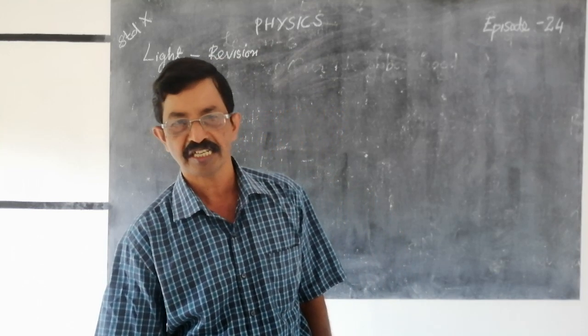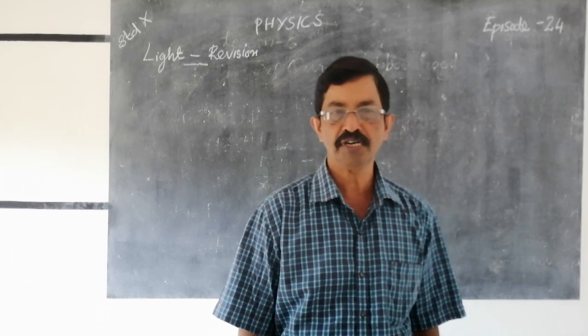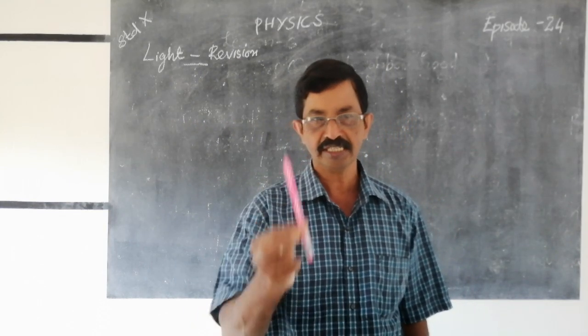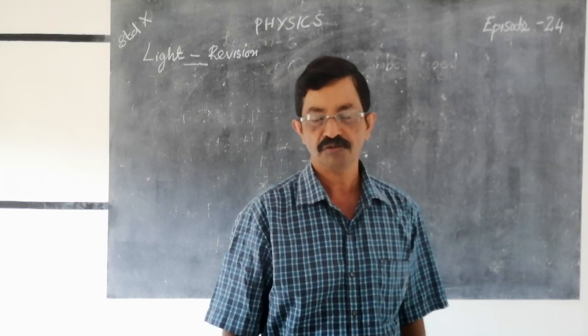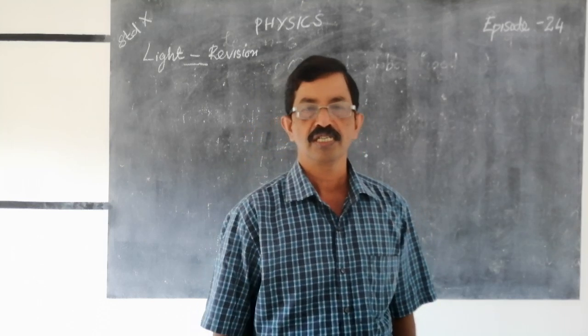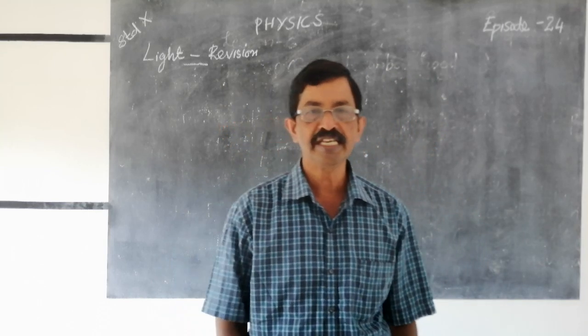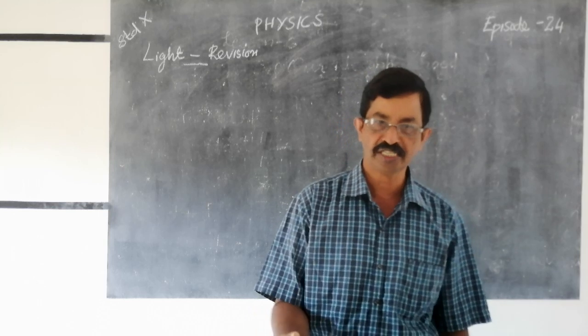Can you remember it? What makes things visible to us? Suppose you can see this pen. How? Or you can see this stone. How? That means how we see things or objects.